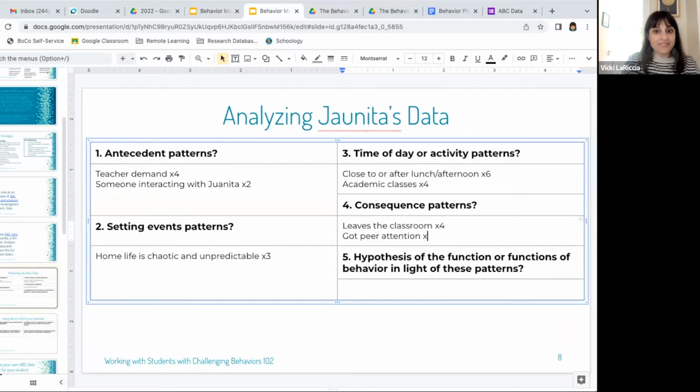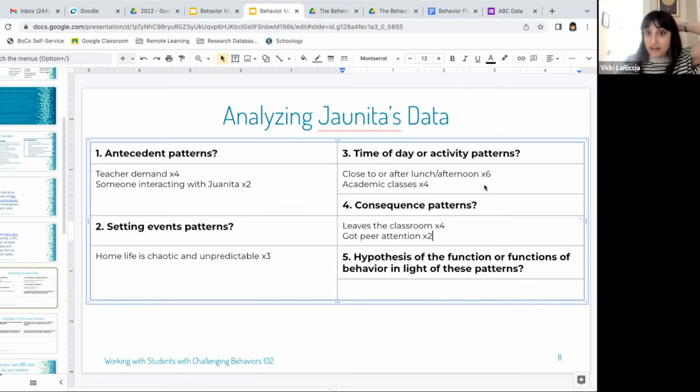Okay. Now, looking at all of this, there might be 1 function, there might be 2, but knowing what we know, 4 times there was a teacher demand, 2 times there was an interaction. We know that her home life is chaotic and unpredictable.